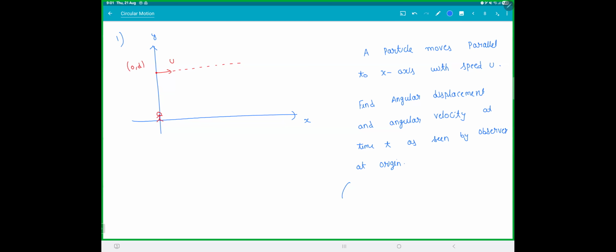For reference, you can take the y-axis as a reference for angle. Yeah, let's get this.